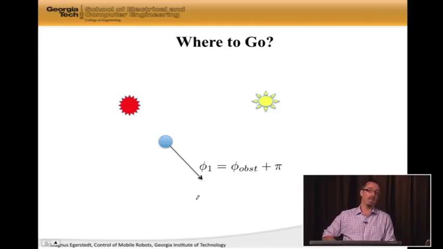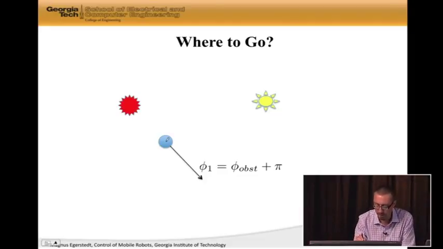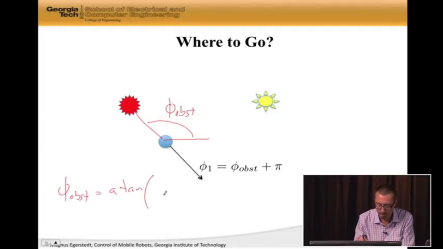Phi 1 is, I'm going to call it phi_obst plus pi. So phi_obst is this angle, right? So here is phi_obst. And in fact, phi_obst we can write as arctangent of (y_obst minus y) over (x_obst minus x).